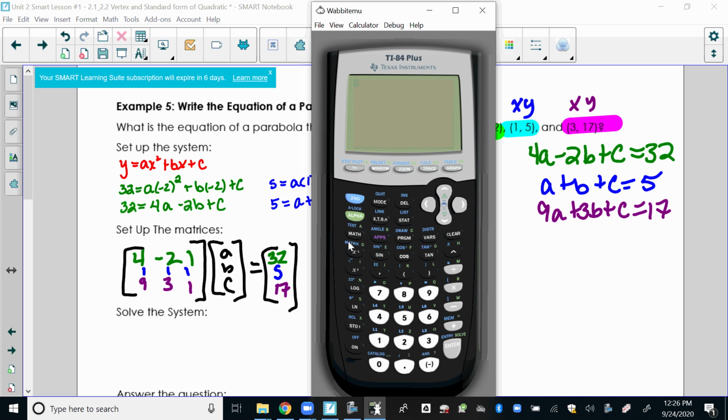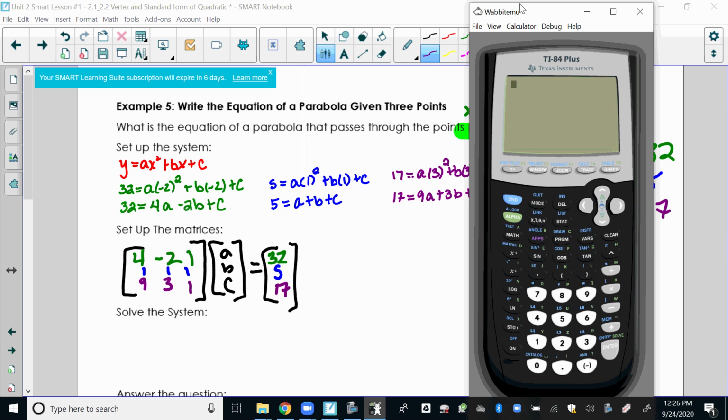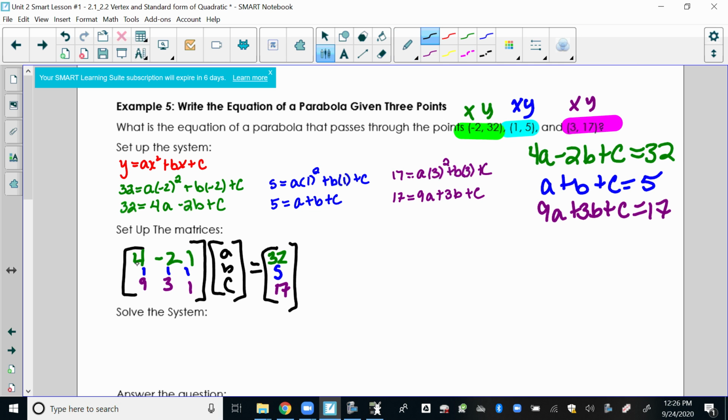Go back into our matrix menu, and we're going to edit matrix B, which is a 3 by 1, our constant matrix, which is 32, 5, 17, and then quit. So we just entered this matrix as matrix A, and this matrix as matrix B.